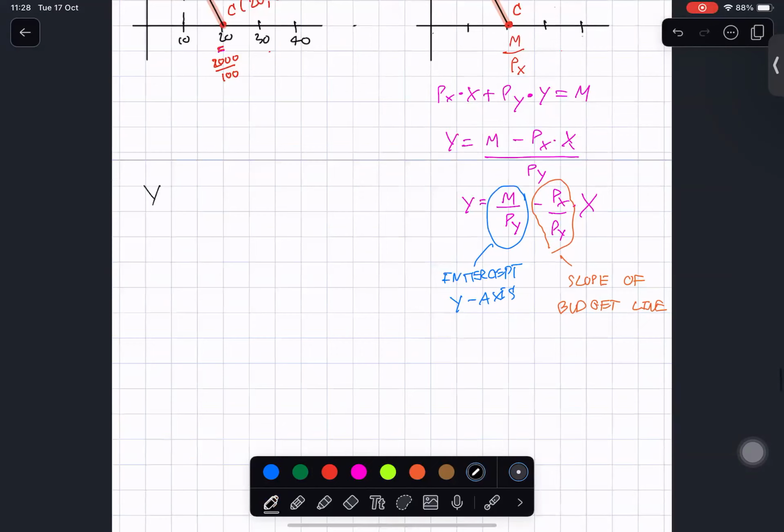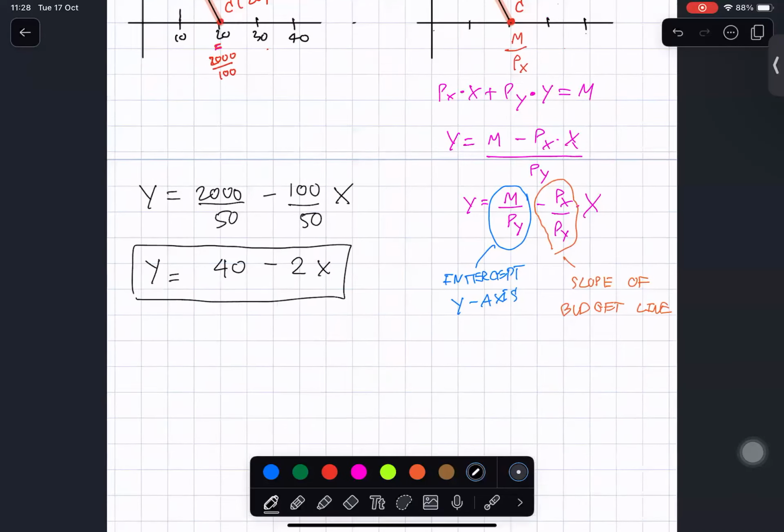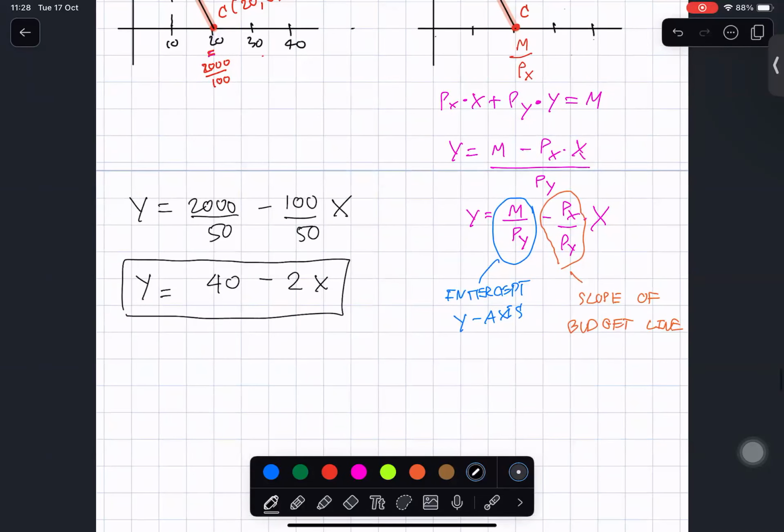Shall we apply this with the numerical world then? M 2000 divided by price of Pepsi 50 minus price of pizza divided by PY, price of Pepsi times X. So we got the curve on the left hand side.